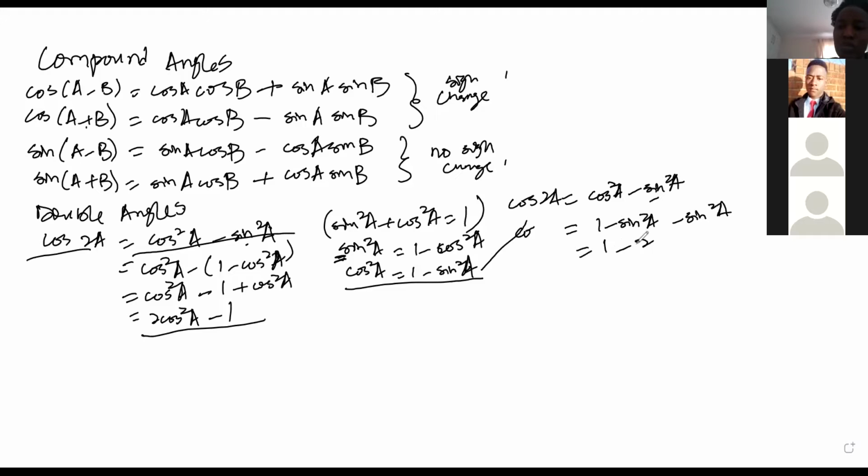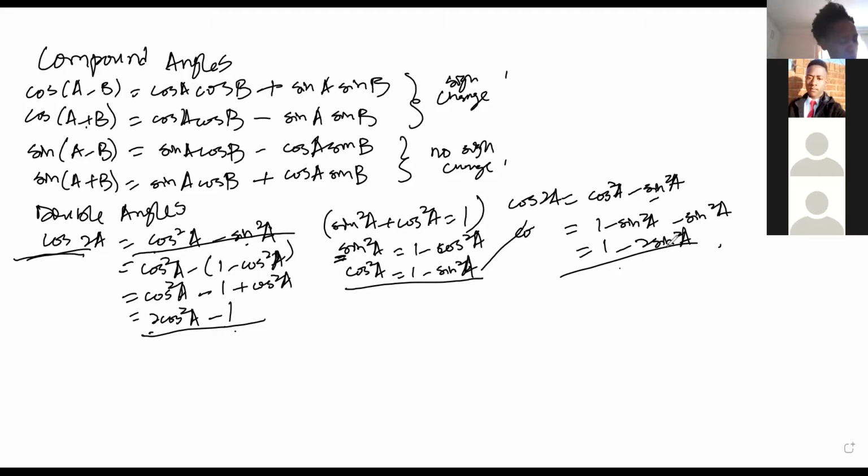That means we have 1 minus 2 sin squared A. So your cos 2A, you can use it as cos squared A minus sin squared A, or as 2 cos squared A minus 1, or as 1 minus 2 sin squared A. So remember that.